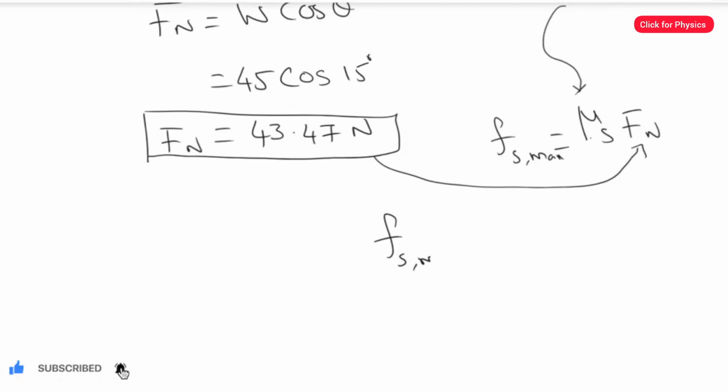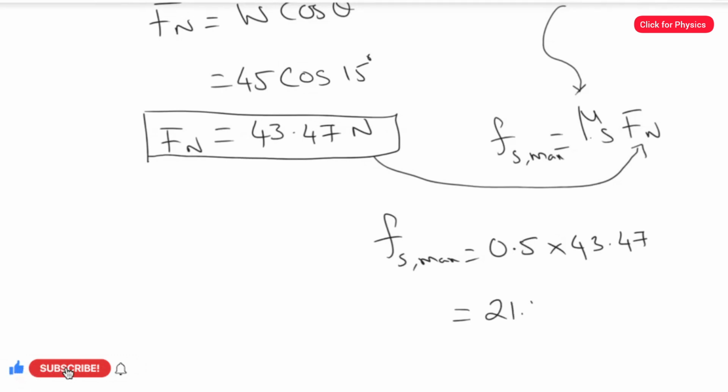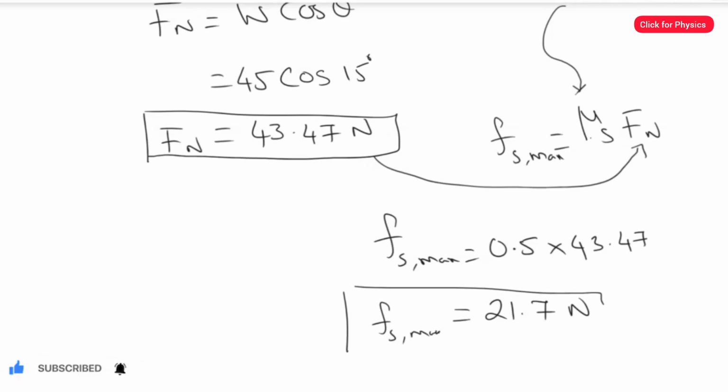Fs max is equal to 0.5 multiplied by 43.47. I got the answer as 21.73, so I can write 21.7 Newton. This is the value of the maximum static friction force.